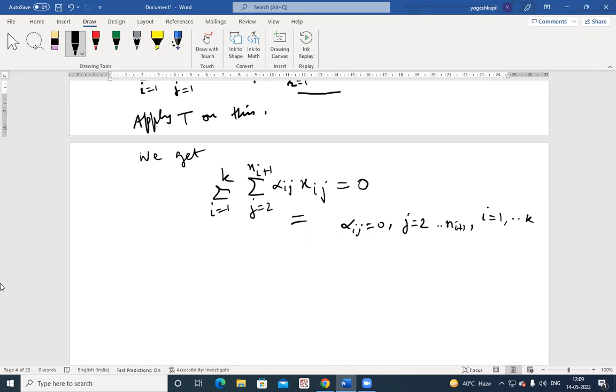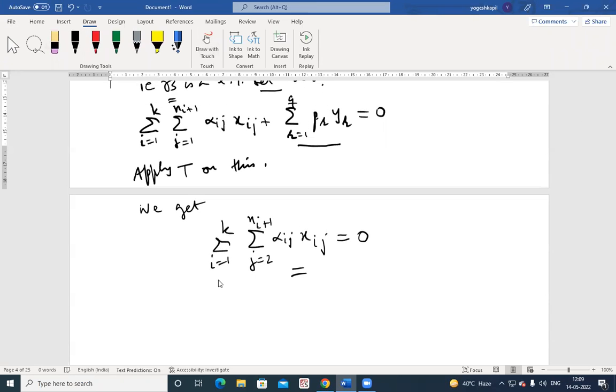Right? Now, if this is 0, then what is left with me? When you applied T on this, then this part would lead to 0. All right. This part would lead to 0.